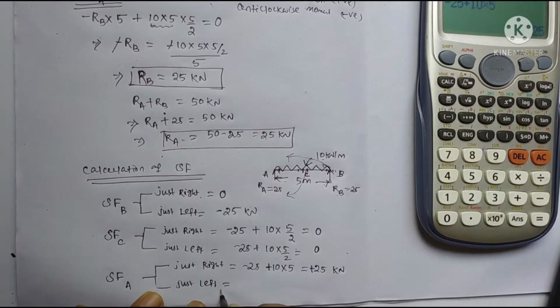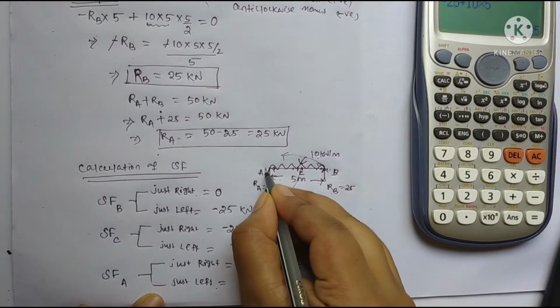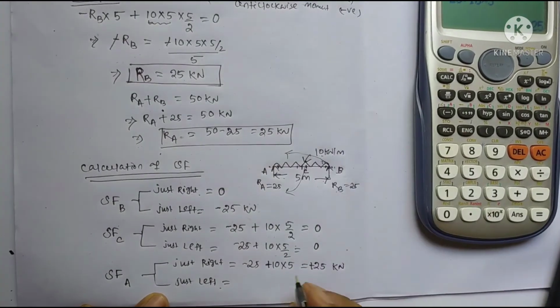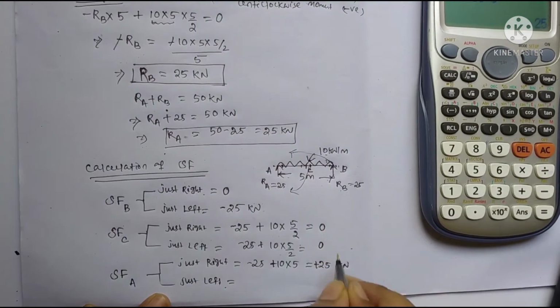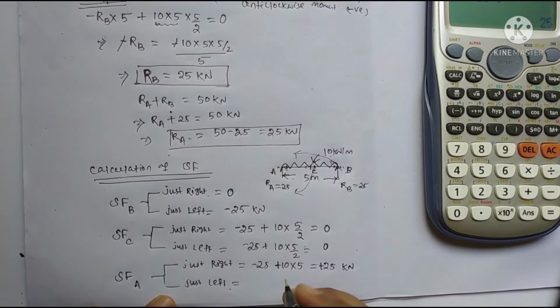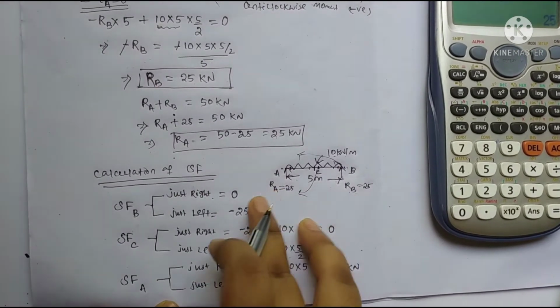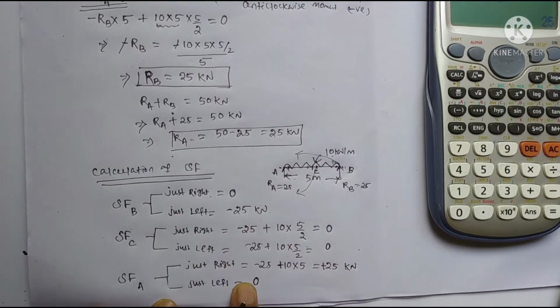And just left of point A, at that point there is no force acting, so that will be 0. Then we have calculated all the shear force values at each point.